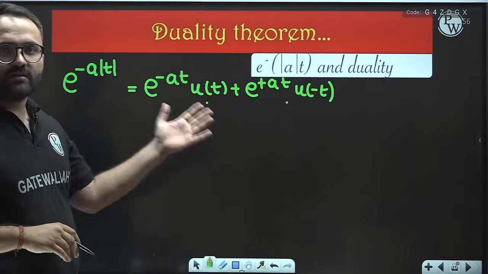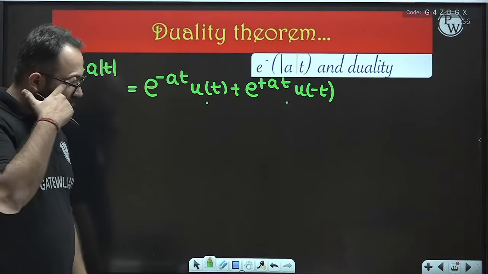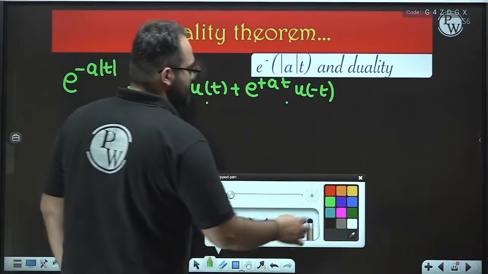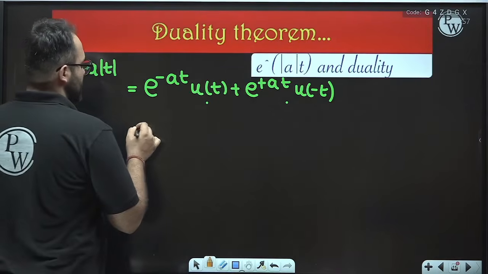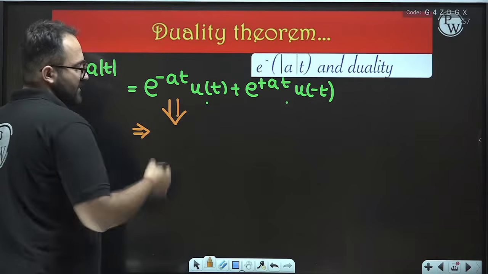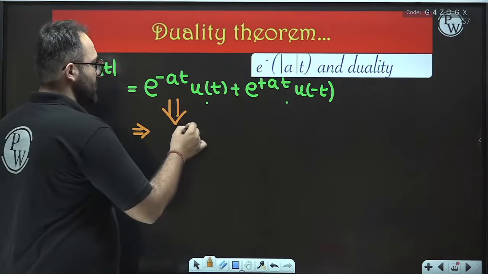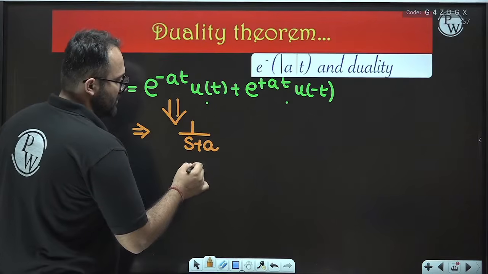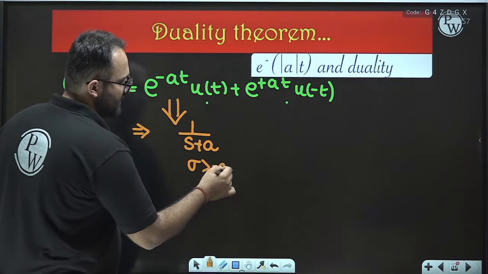We can simply write the Fourier transform by replacing s by j omega in the expression. So first of all, let us find out the Laplace transform. The Laplace transform will be 1 upon s plus a, sigma greater than minus a.